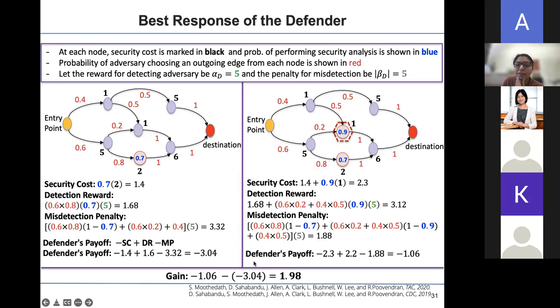So in that case, the defender's payoff now, again calculated using minus resource cost plus the reward minus penalty, will be minus 1.06. So overall, the gain that I'm getting for adding this additional node into the existing set is 1.98, right? I'm doing minus 1.06 minus minus 3.04. So the overall gain, or the incremental difference, is 1.98.